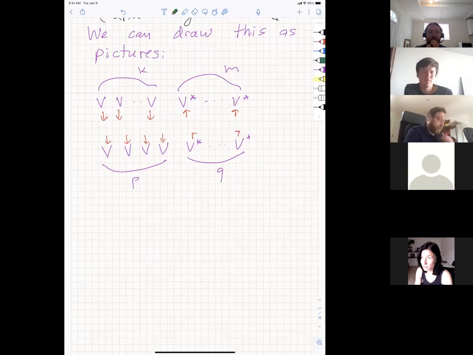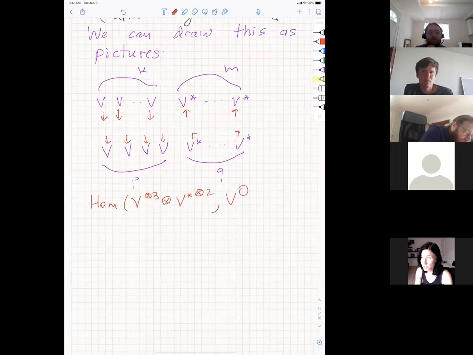So that's going to be a basis of morphisms for large N. Let me just take an example: Hom from V cubed, V star squared to V to the fourth, V star cubed. The balancing condition is satisfied in this case.